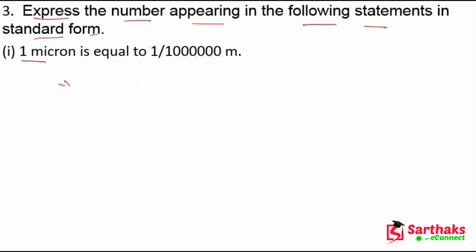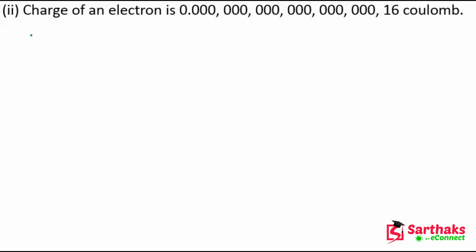So it is saying that 1 micron is equal to 1 upon 10 raised to power 6. What is 10 raised to power 6? So if you convert it into the standard form, we can write it as 1 into 10 raised to power minus 6. Okay. Got it?